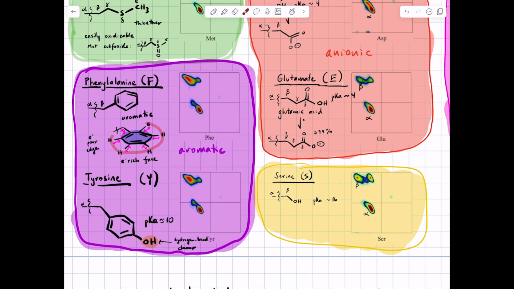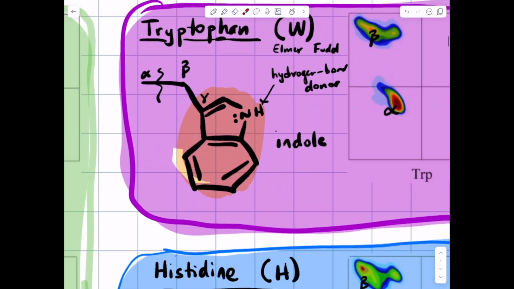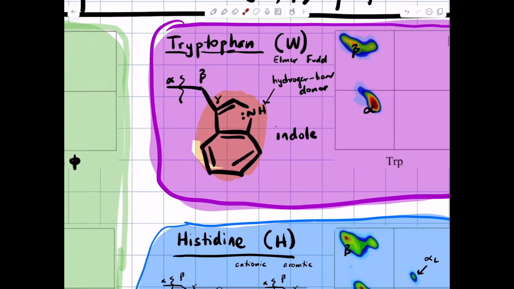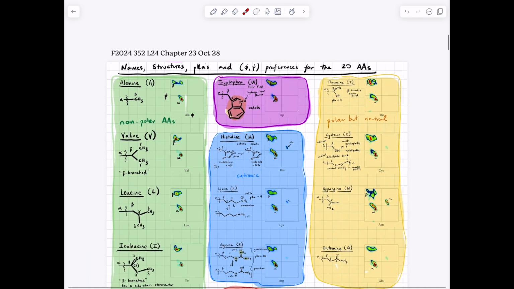Tyrosine has a phenol side chain, which means it's got the OH group, and its pKa is around 10. Then tryptophan is the other one. We don't worry about the side chain pKa for tryptophan because it's high enough that it's not relevant at physiological pH. Its one-letter code is W. All of them are aromatic.